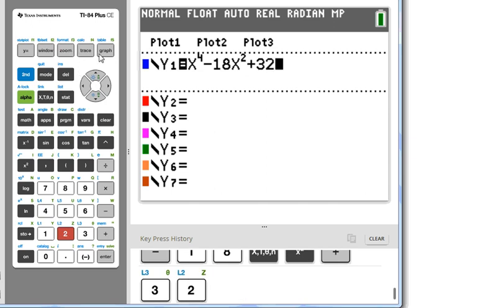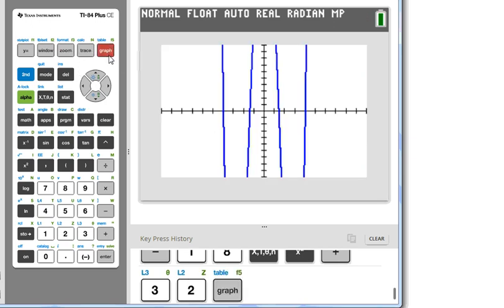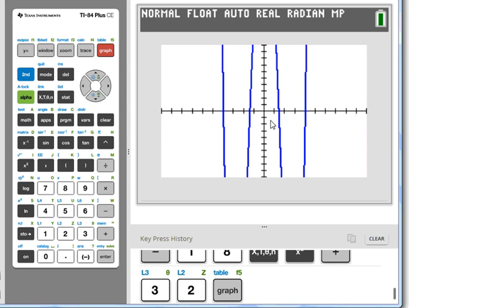And graph, what do we see? Well, we got a whole bunch of things here. Looks like we have -4 and then we have +4.